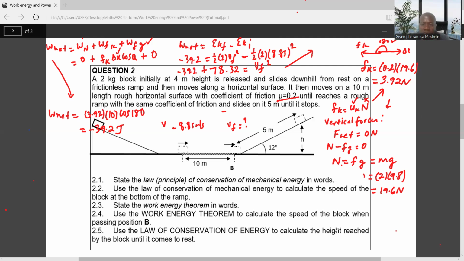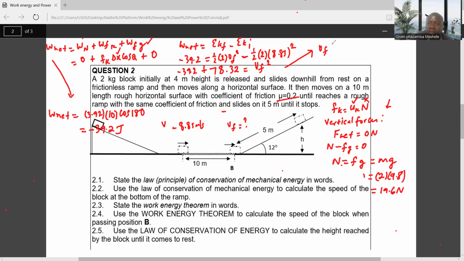Then let's simplify the expression: 78.32 minus 39.2. Yes, this will give us the Vf squared.